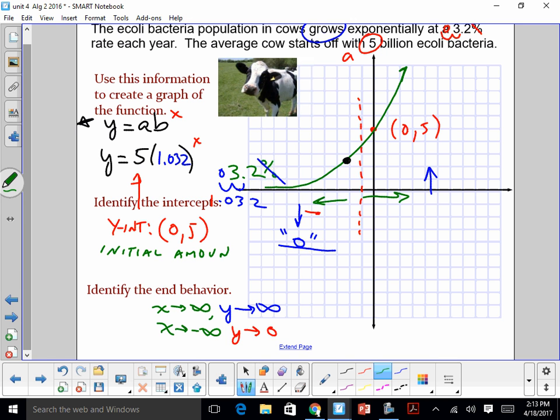I was trying to think, should I say that there were 5 billion E. coli bacteria initially, or is it enough just to say that the y-intercept is the initial amount of E. coli bacteria?